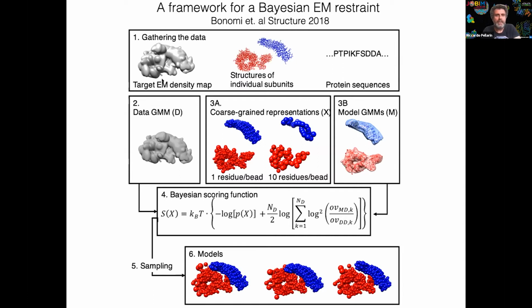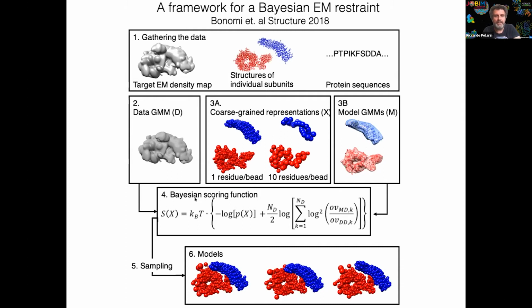The input electron microscopy density map has been translated into a Gaussian mixture model. The individual subunits have two layers of representation: one layer where they represent the individual residues at the coarse-grained level, and another layer where each protein is represented by a Gaussian mixture model.